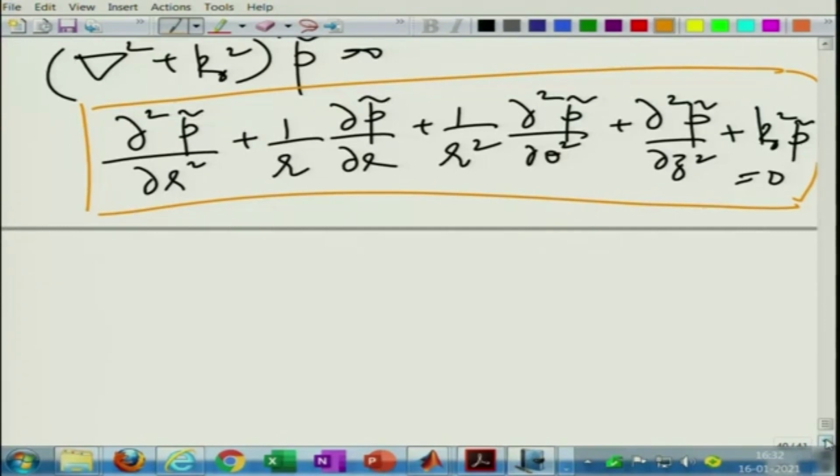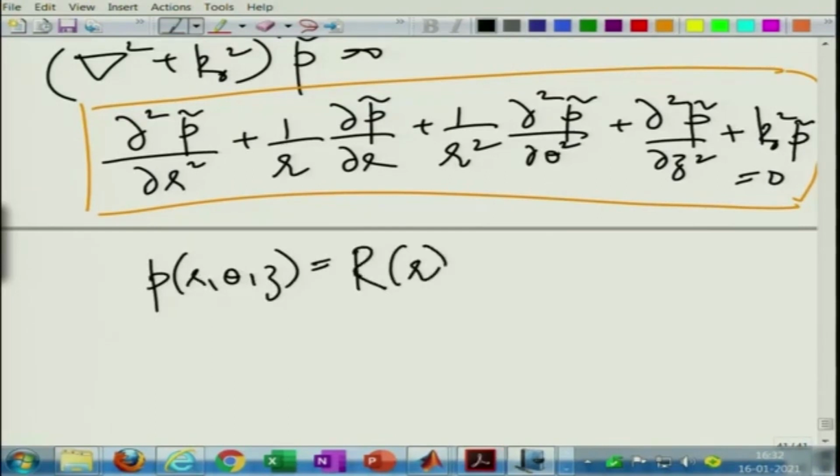Cylindrical polar coordinates also allow for the separation of variables. So, what it means is that we can probably write this as something like R of r, Theta of theta and Z of z. So, this guy is our original thing.